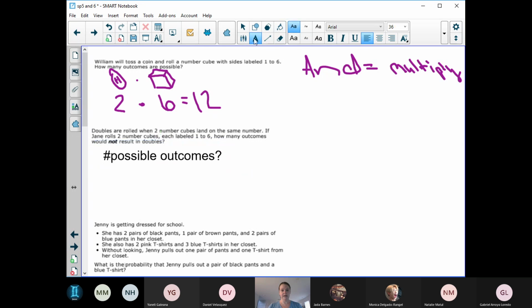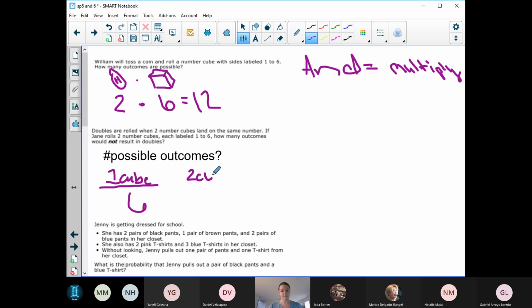So how many possible outcomes do I have from rolling 1 cube? 6. How many outcomes on the second cube?